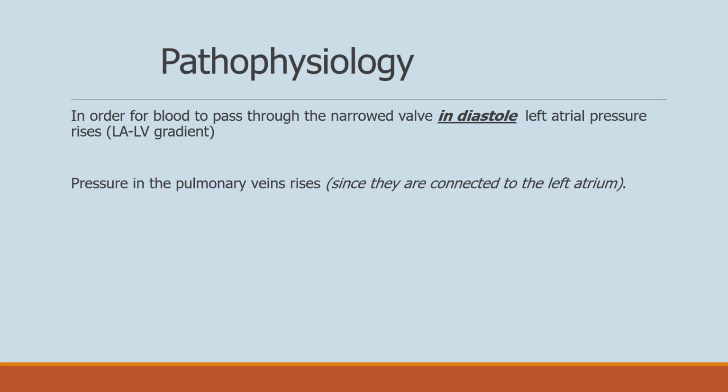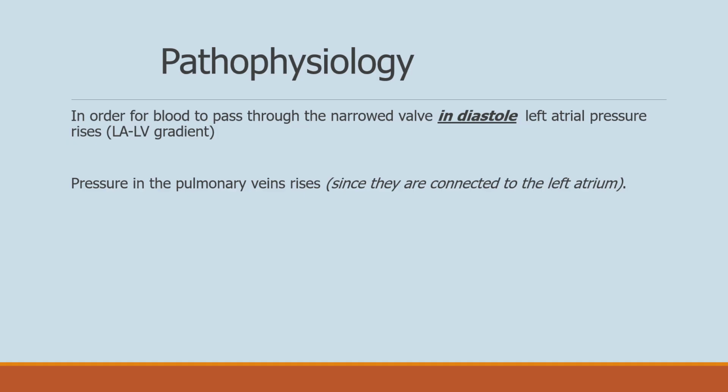So, what's the pathophysiology? With mitral stenosis, blood has to pass through the narrowed valve in diastole, of course, because this is when the mitral valve is open, from the left atrium to the left ventricle.